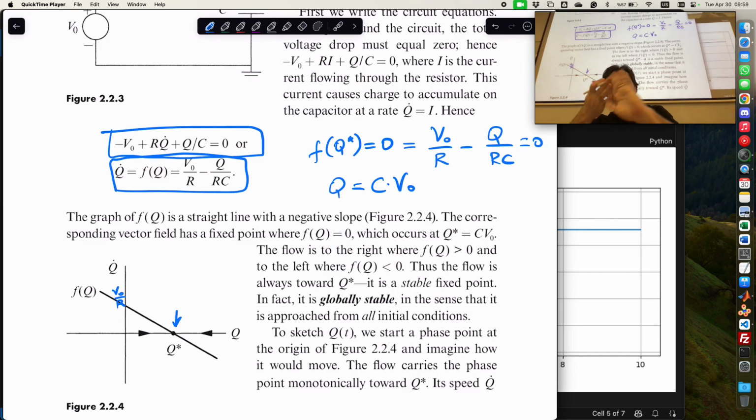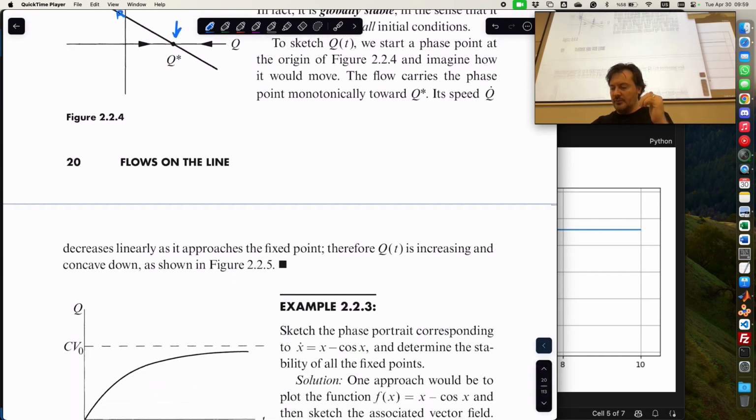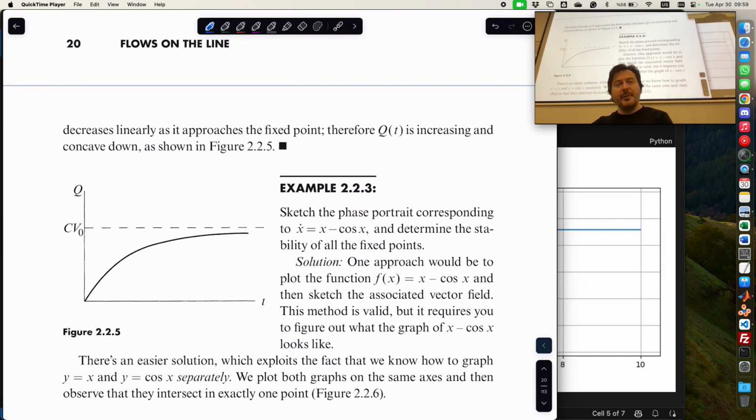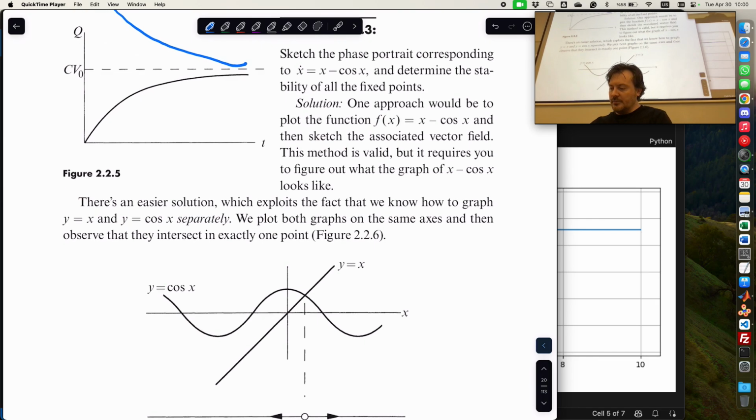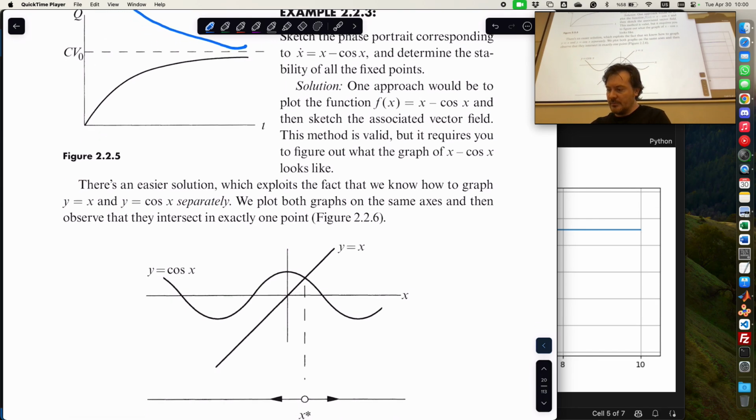That's it. Nothing else can happen. No matter where you start, you will end up having c times v0 charge. You remember these filling, emptying, charging, discharging curves. Even if you start over here, you will go there, right? Very good.